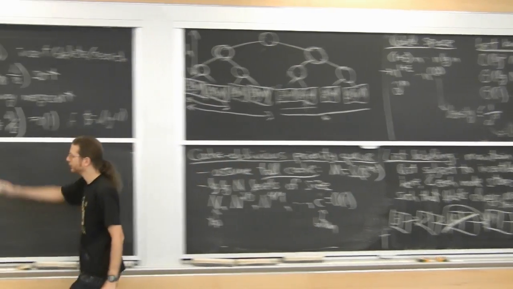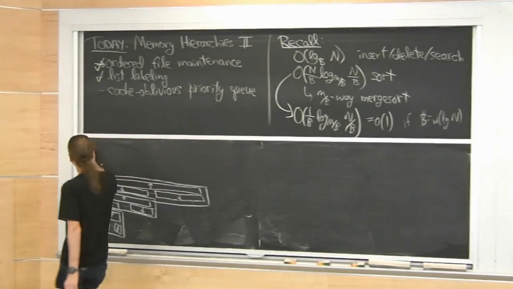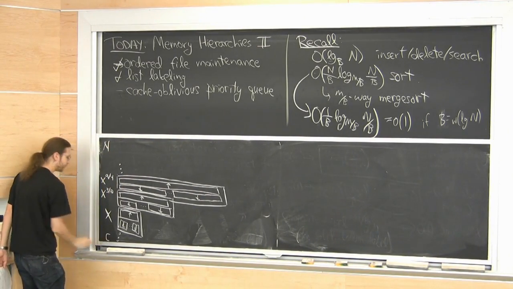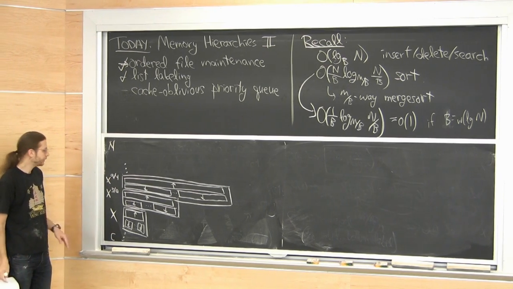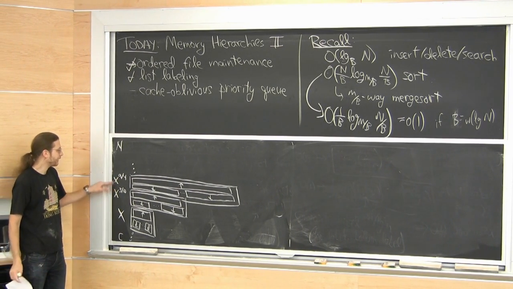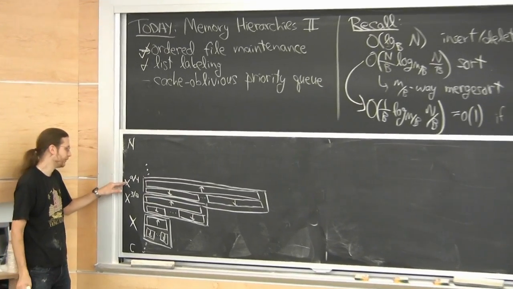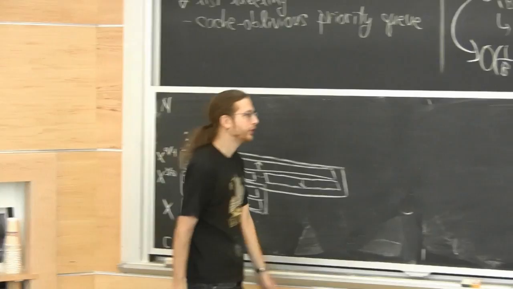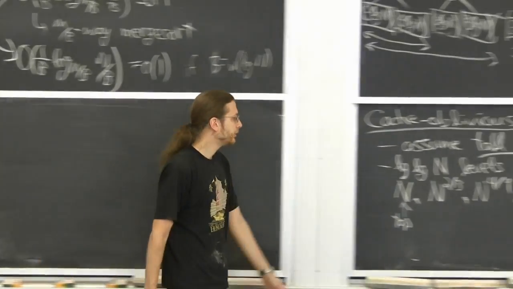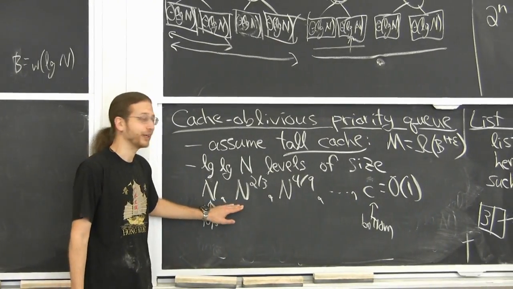Okay, so at the top, we're going to have something of size n. And at the bottom, we're going to have something of size c, constant. And what I've drawn is the generic middle part. So we go from x to x to the 3/2 to x to the 9/4. Or you could say x to the 9/4 down to x to the 3/2 down to x, according to this geometric progression, I guess.